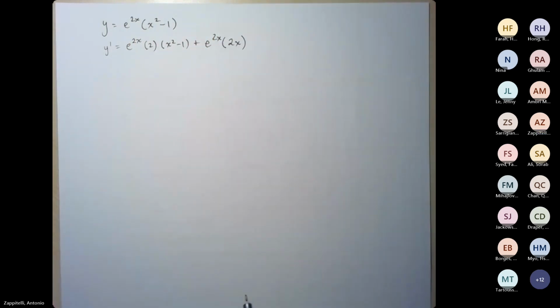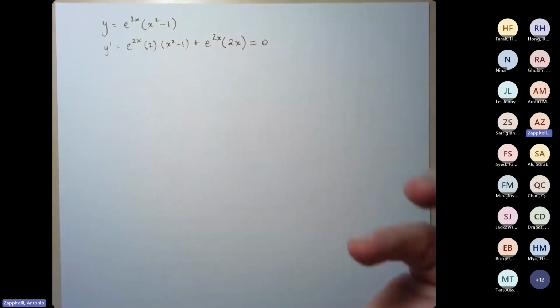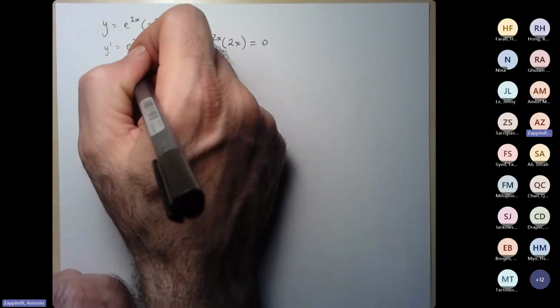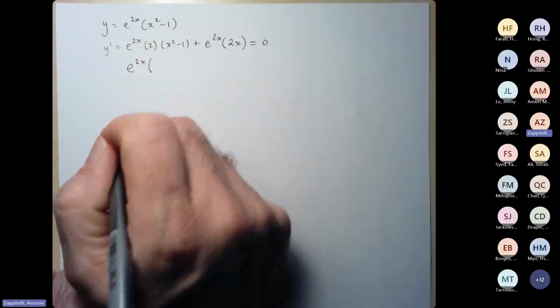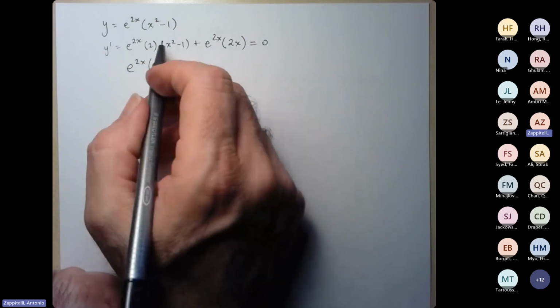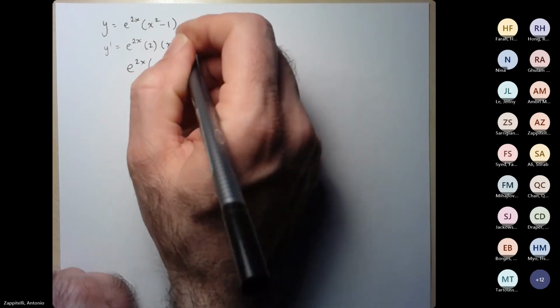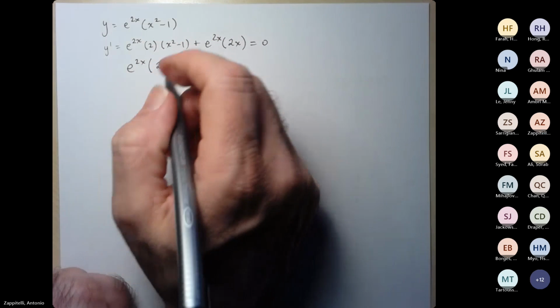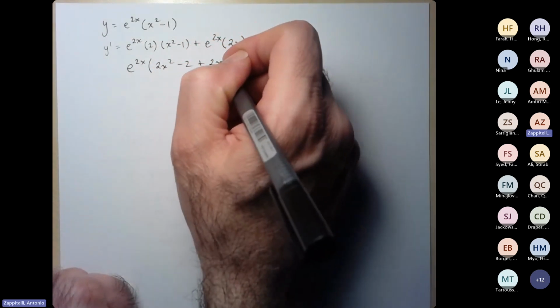Okay. And now I want to set this equal to 0, but I'm going to have to do some algebra. So here, let's see. Look at that. I have an e to the 2x, which is common to both. So I'm going to take that out. And let's see what we're left with here. Well, we're left with the 2x squared minus 2, and then here we're left with the 2x.